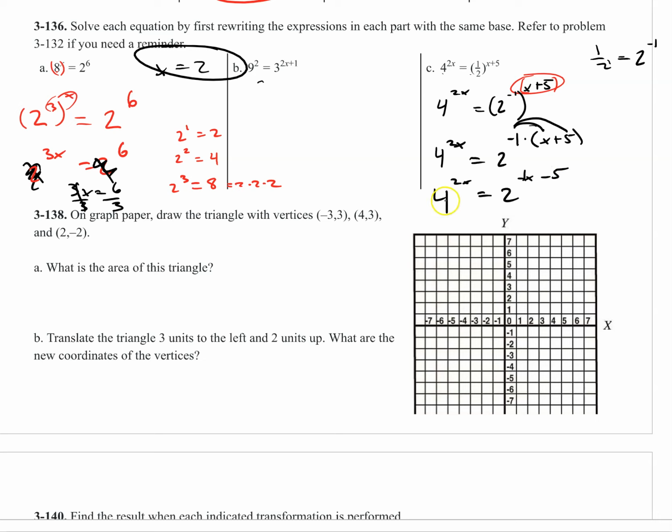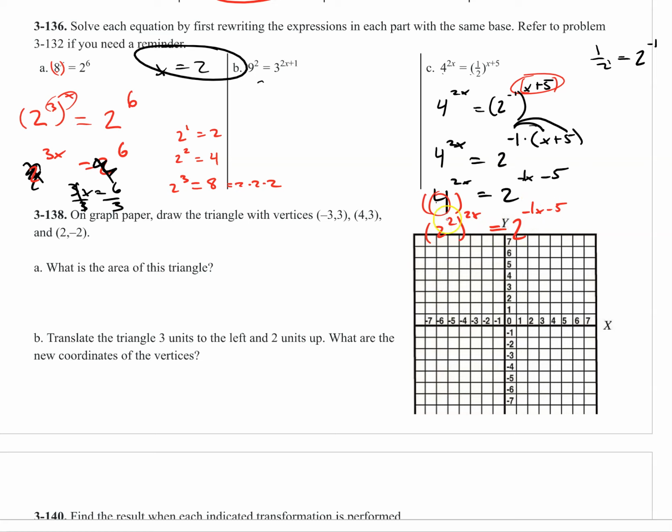Not done because their bases still aren't the same. But 4 is 2 squared. 4 is 2 to the power 2. So we shrink the bigger base. This is 2 to the power 2, and that's raised to the power 2x. That's equal to 2 to the power negative 1x minus 5.